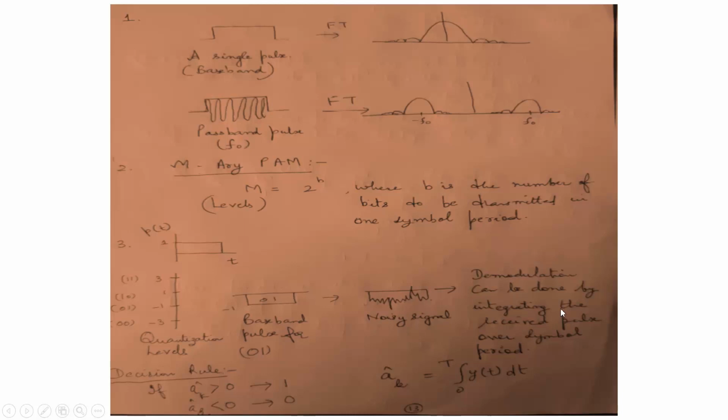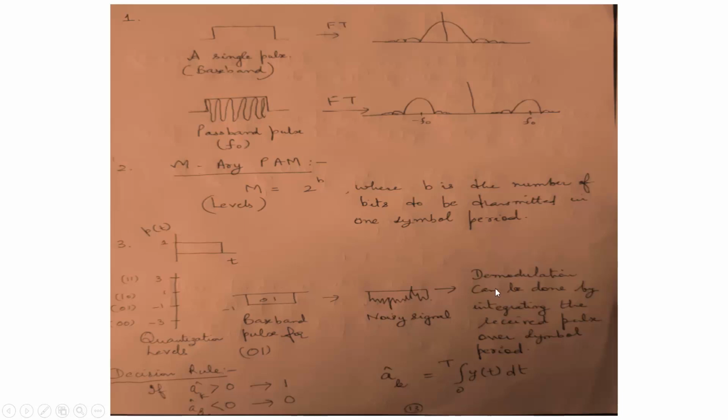Then at the receiver end, we have to demodulate. That means we have to make an estimate of what amplitude we are receiving, because the noise will certainly distort the amplitudes. So making an estimate and making the correct decisions will be the job of the receiver.